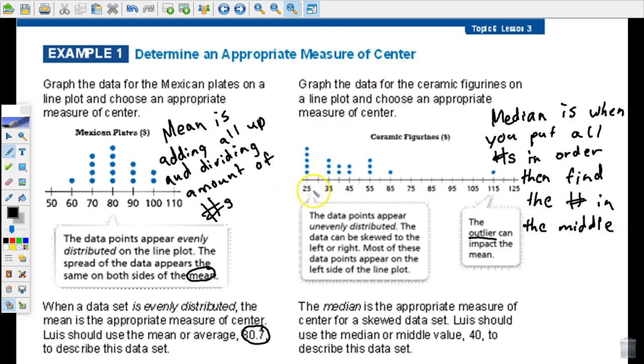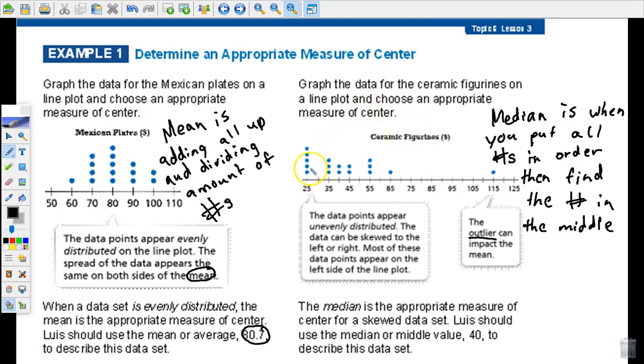So we would count 1, 2, 3, 4, 5, 6, 7, 8, 9, 10, 11, 12, 13, 14, 15, 16, 17. So if there's 17, it would be my ninth number because then I would have 8 on the left side and I would have 8 on the right side. So it would be the ninth. Sorry for the pause. I was about to sneeze.